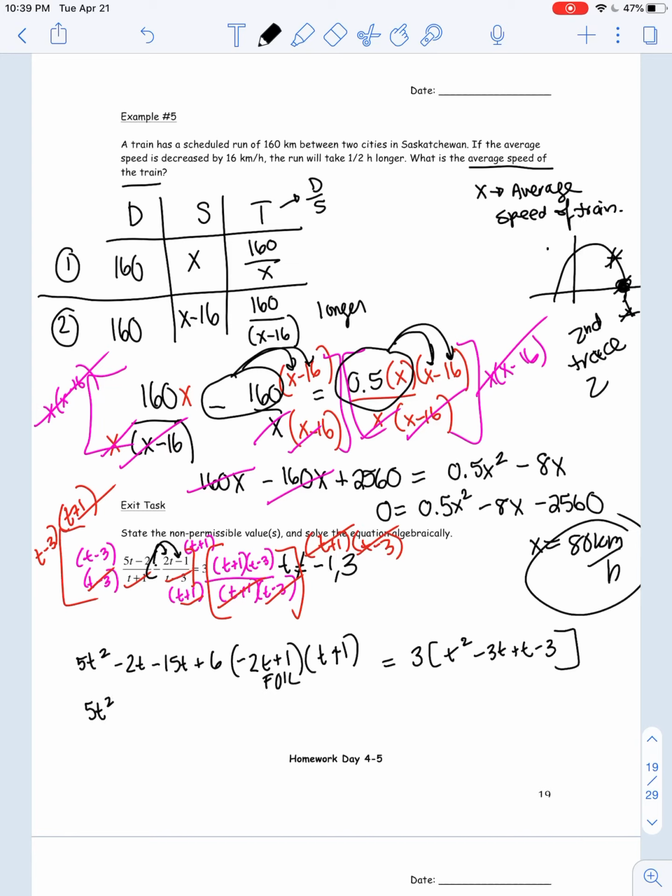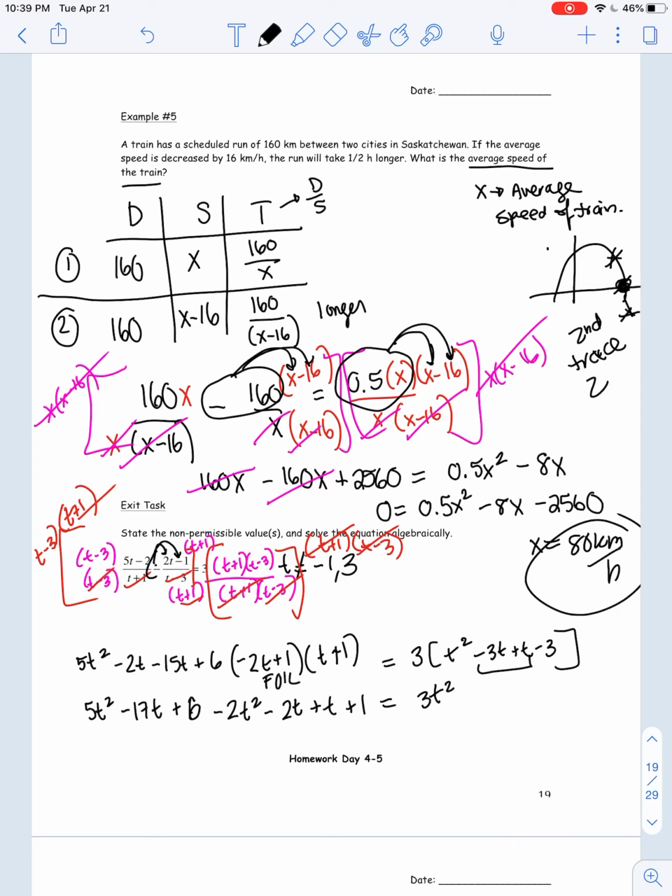So negative 2 and negative 15t will give us negative 17t. And then we're going to have minus 2t squared minus 2t plus t, and then plus 1 equals 3t squared.